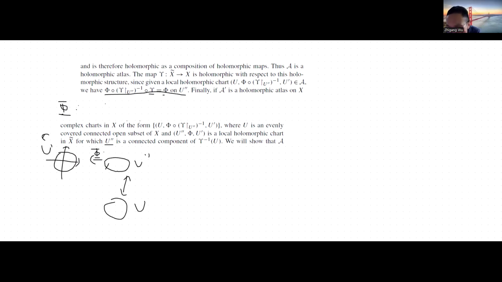So what do we want to show? If phi prime is holomorphic, why does this show that this gamma is holomorphic?